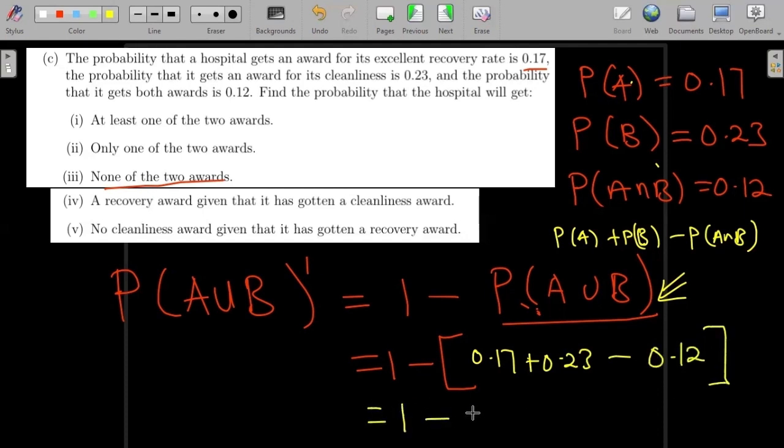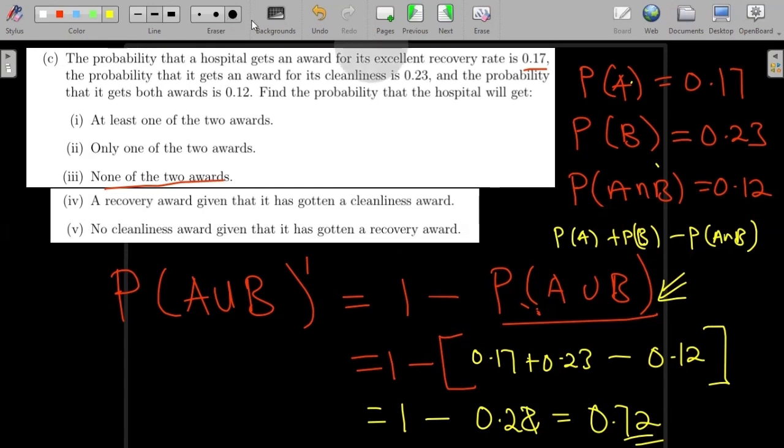So this will be 1 minus 0.28. If you punch this on your calculator, I'm getting 0.72. So this will be the probability that none of the two awards are given to this hospital.